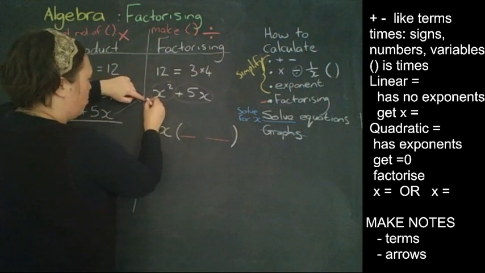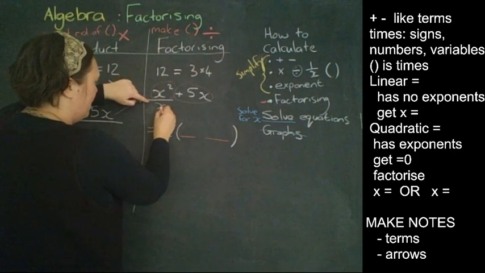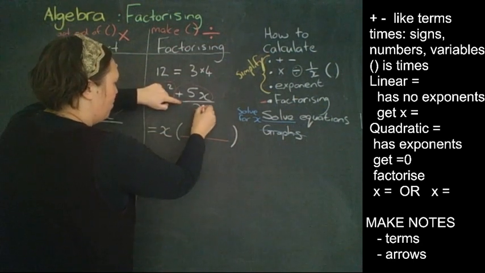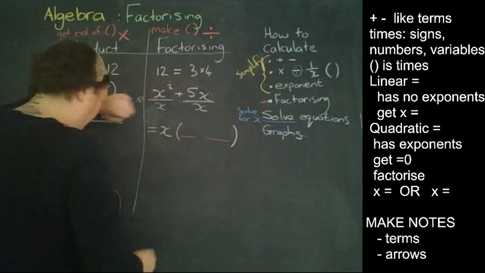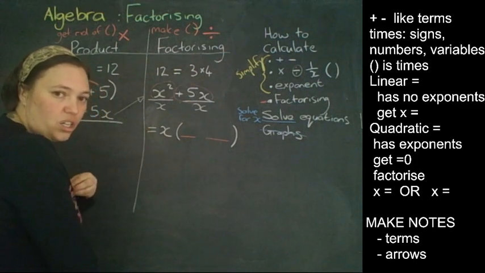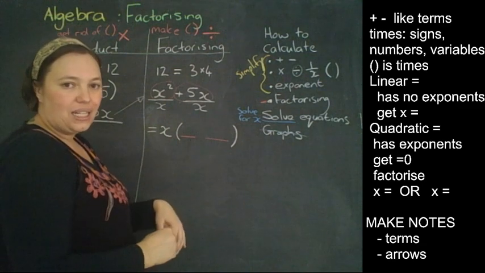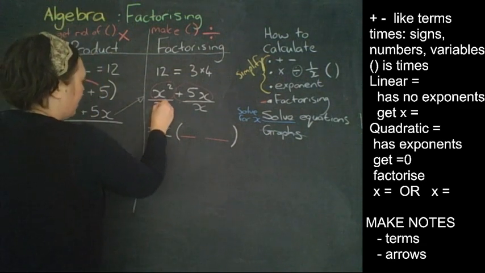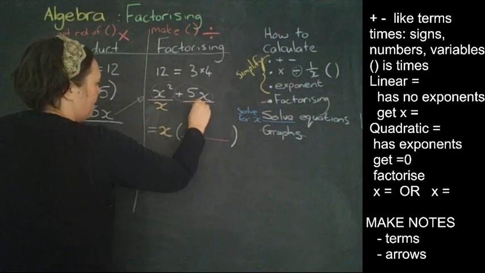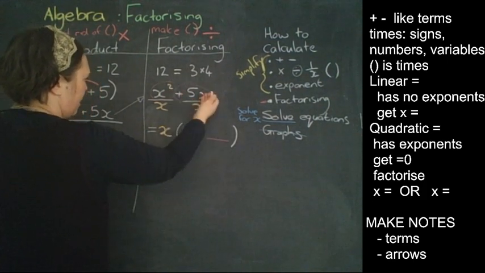So we take this one and we divide it by our common factor. And we take this one and we divide it by our common factor. So whenever I say you take something out, it means you divide it. So here, that was our common factor that we're dividing away on both sides.